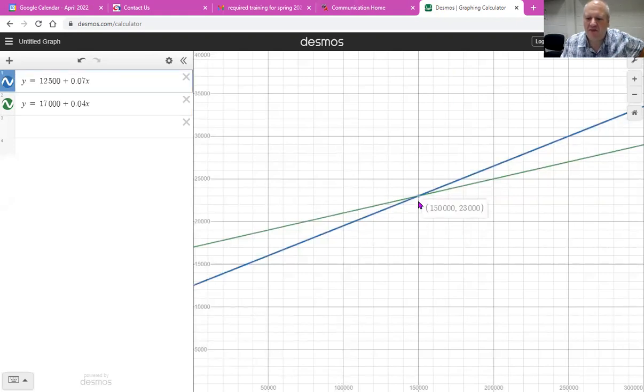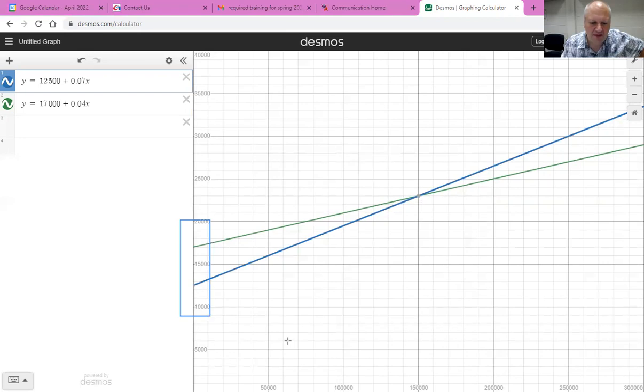Some things that I'm really going to harp on here are that it goes right through there. I also see that right here, it's kind of between 15. Let me illustrate. Right here, it's around maybe 12.5 and then almost exactly 17. I'm going to use those as an example. 12.5 and 17 are the intercepts.